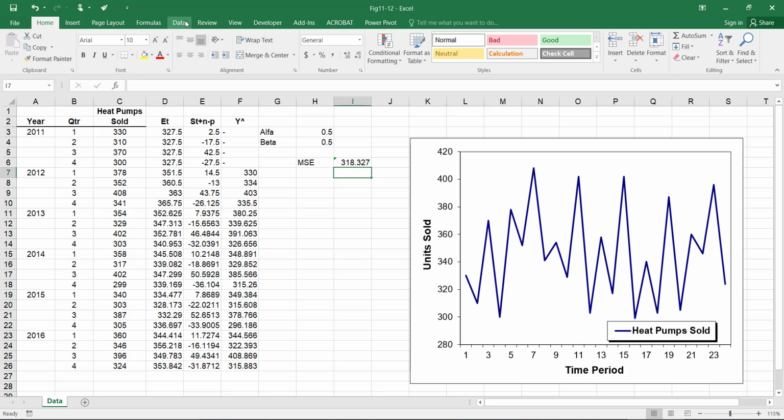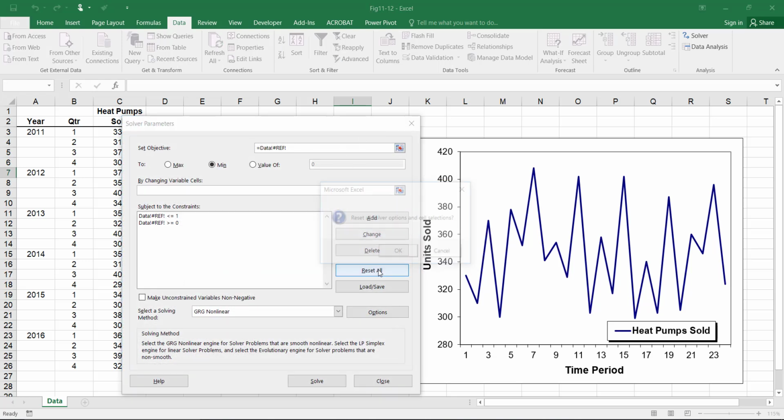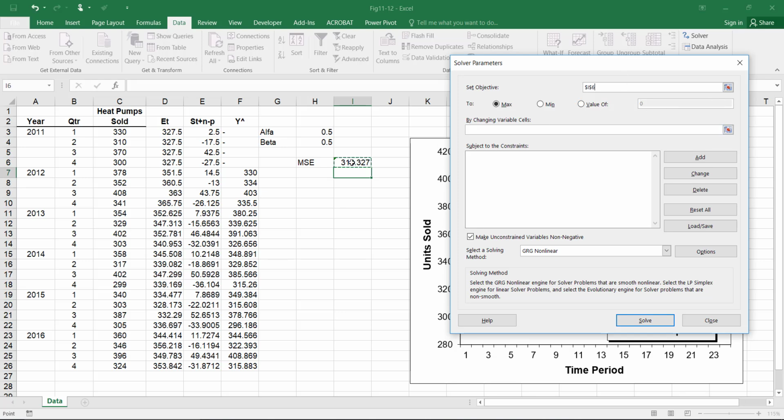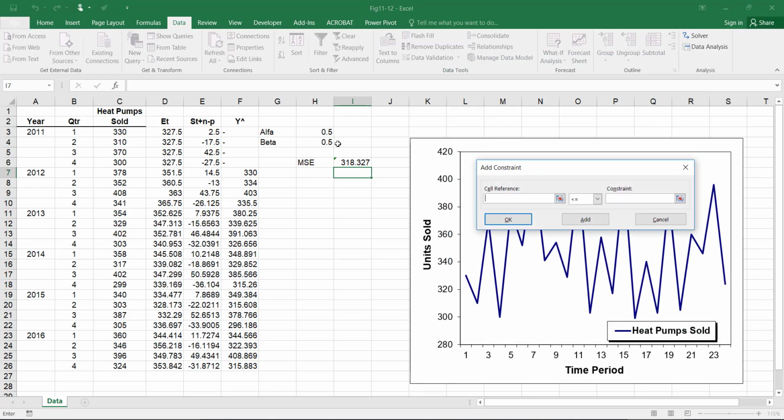Now let's use solver. So let's implement this solver, and our objective function is this cell, and the type of the objective function is minimization. Then these are the decision variables that we have, and the value of these decision variables should be between 0 and 1. So let's add these constraints.